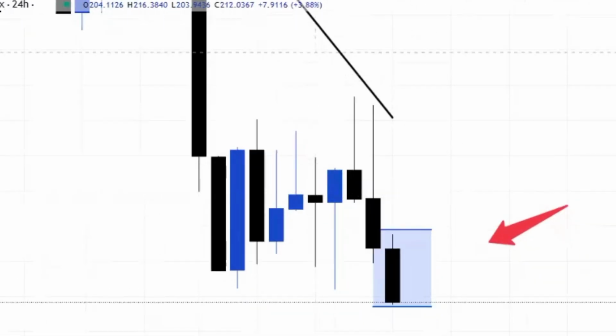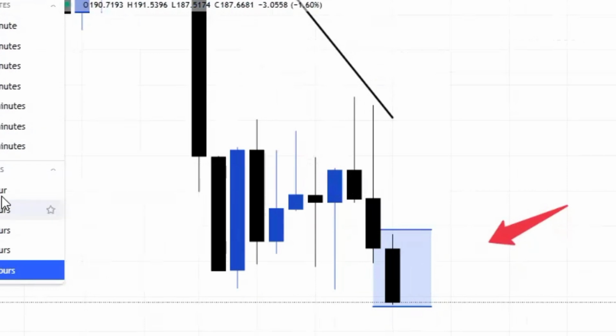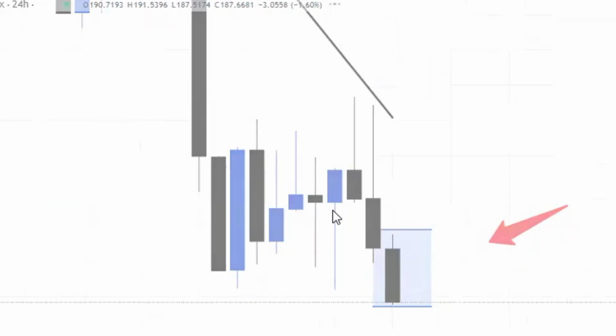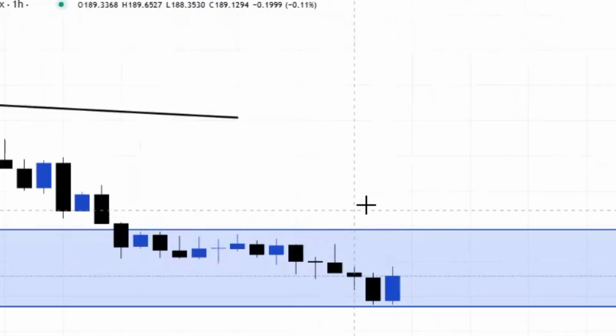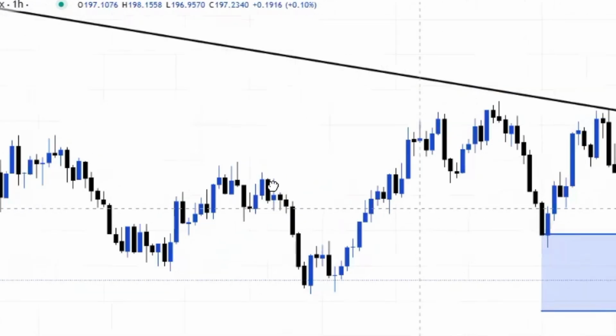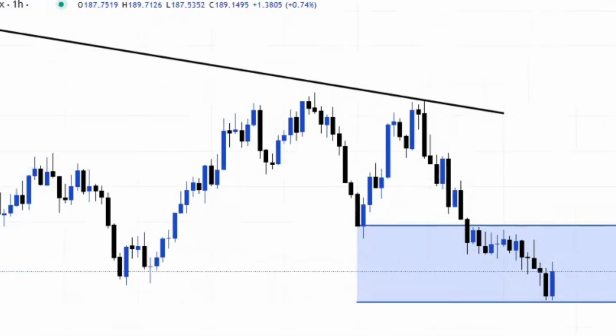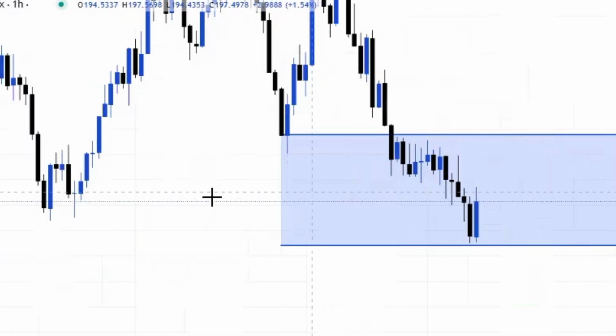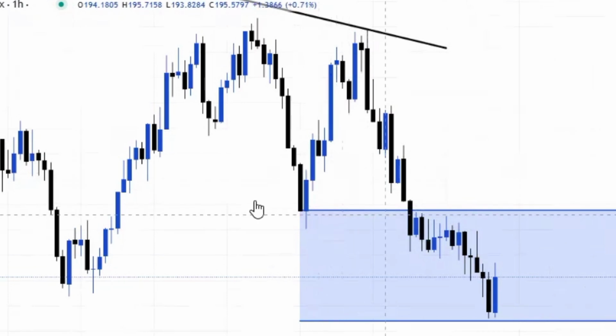Now let's go to our 1 hour time frame. Let's look at what price is doing on the 1 hour. Can you see, guys? This is actually where I highlighted.